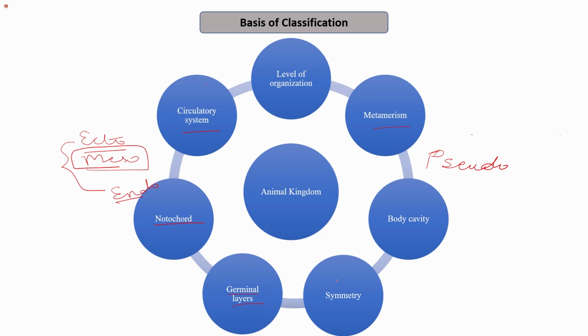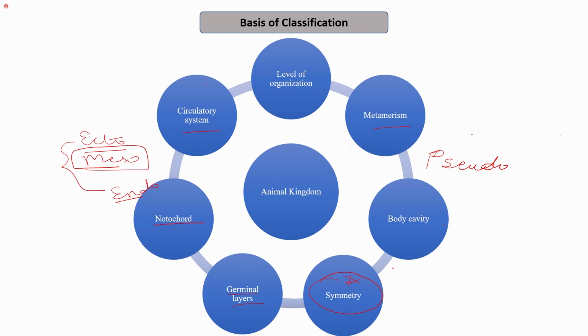Also, in the last class, we discussed classification on the basis of symmetry. This is very important, as most of the questions are asked from symmetry, because we discussed 3 different types. The first was asymmetric, which do not have any particular symmetry, like most of the sponges, or poriferans.